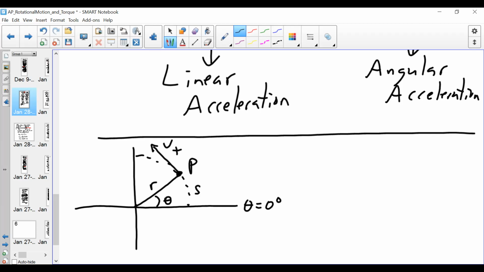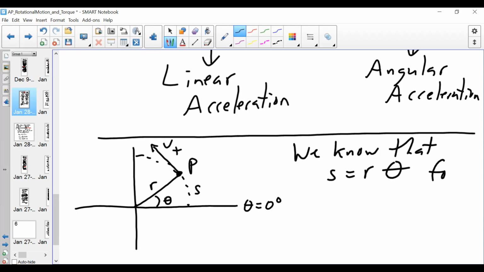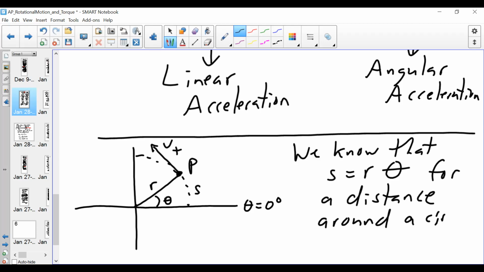So we know that S equals r theta for a distance, or small distance around the circle.